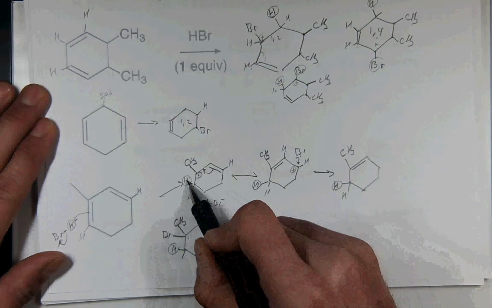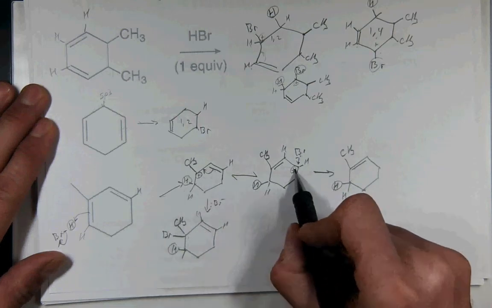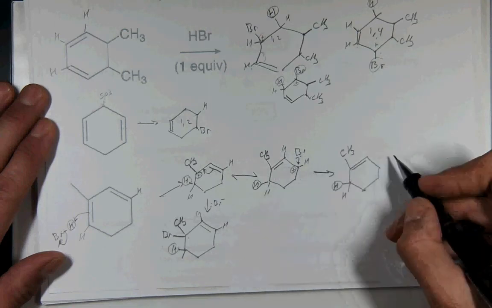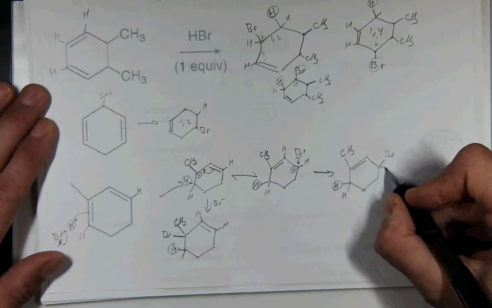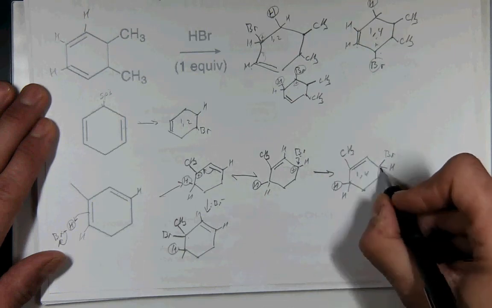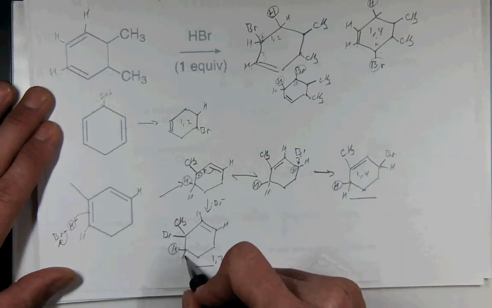Okay, so we added the hydrogen here, generated a carbocation, did the resonance structure, so that's the same. Double bonds moved over, and now we have the bromine here, and we have the 1,4 product. So the 1,4 product, the 1,2 product.